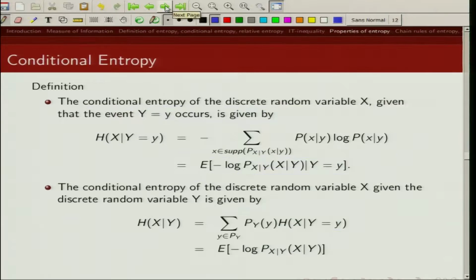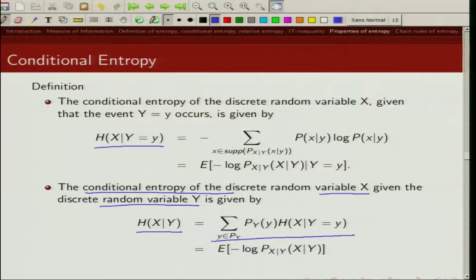Now, if I have to compute the conditional entropy of a discrete random variable x given another discrete random variable y, then this can be computed from the conditional entropy which we just defined, as follows.